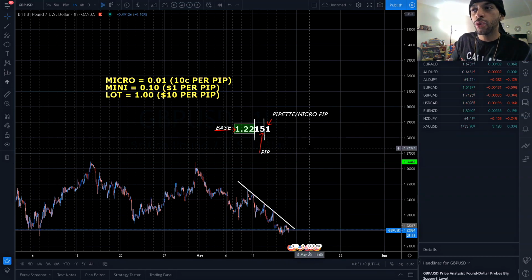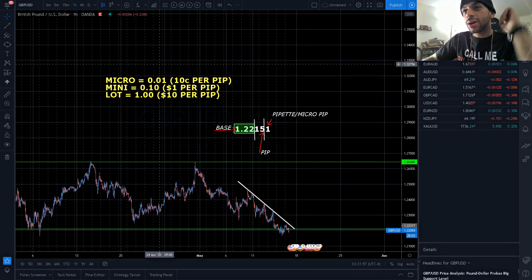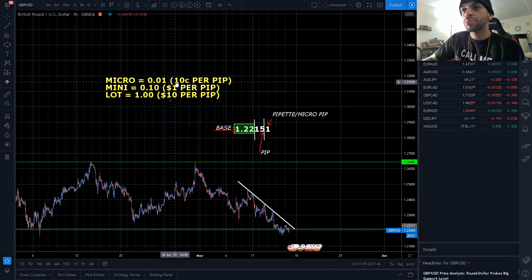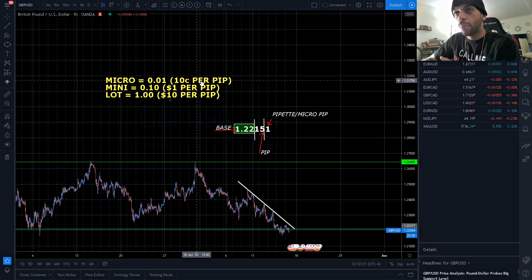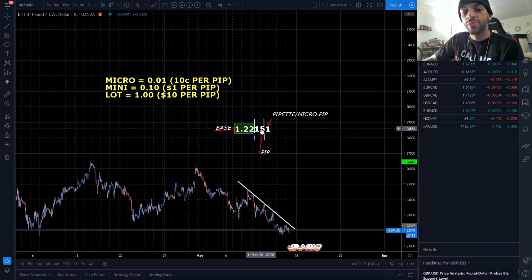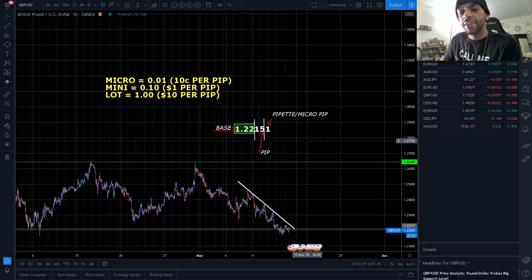Then my 1.5 would be 20 now. Instead of being 15, it'll be 20 if it goes 5 pips in profit. Now, if I'm trading a micro position at 10 cents per pip on a 0.01, then 5 pips in profit would be a 50-cent profit.